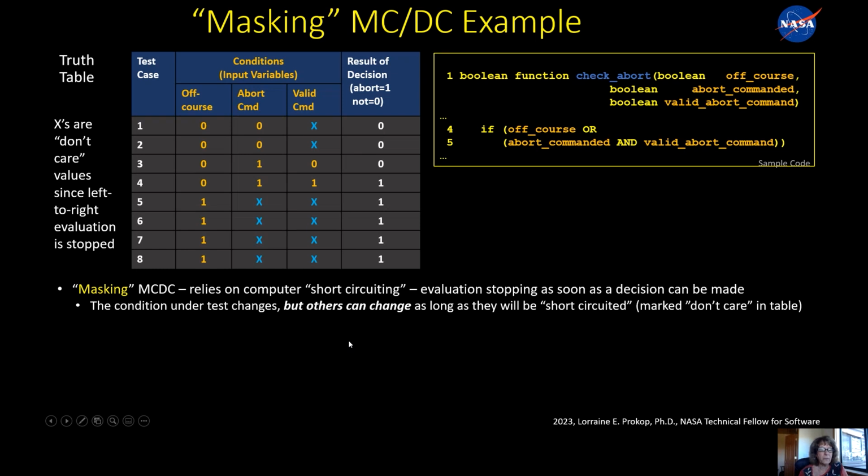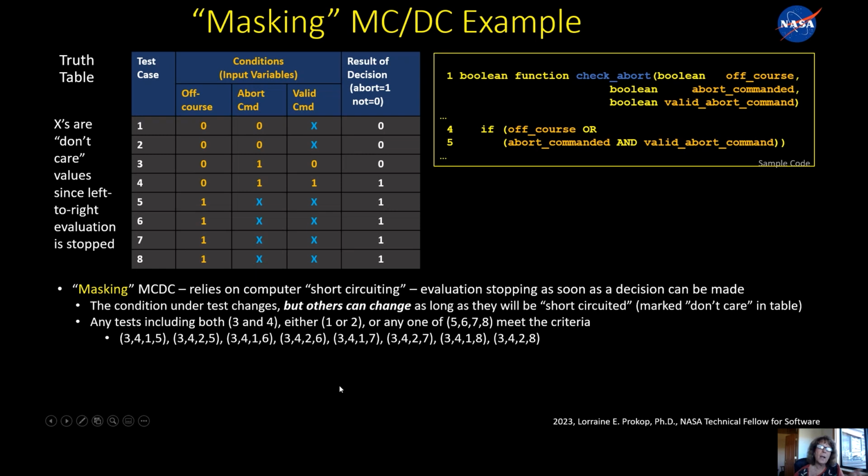The masking form of MCDC relies on this concept of short circuiting to stop evaluation as soon as the decision is made. It differs a little bit because the condition under test changes, but unlike the previous form, the other conditions marked don't care can change. So it allows a little more flexibility.